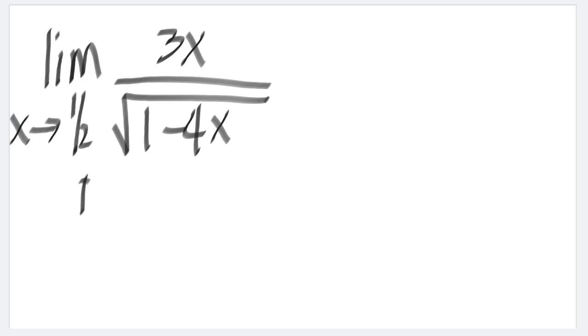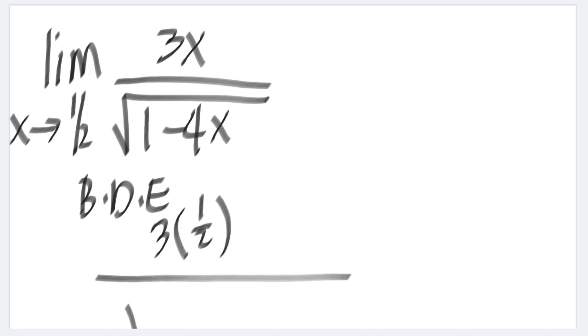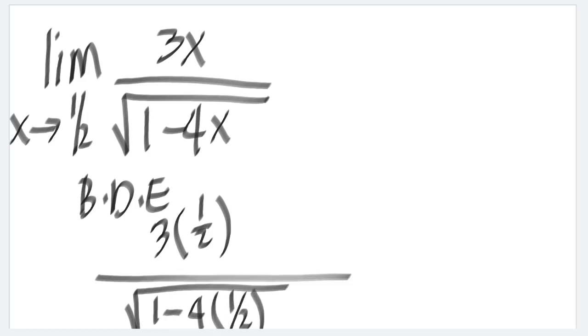So by direct substitution again, you substitute, that will be equal to 3 times 1/2 over the square root of 1 minus 4 times 1/2. Okay, and this is equal to 3/2 over the square root of 1 minus 2, that is negative 1.